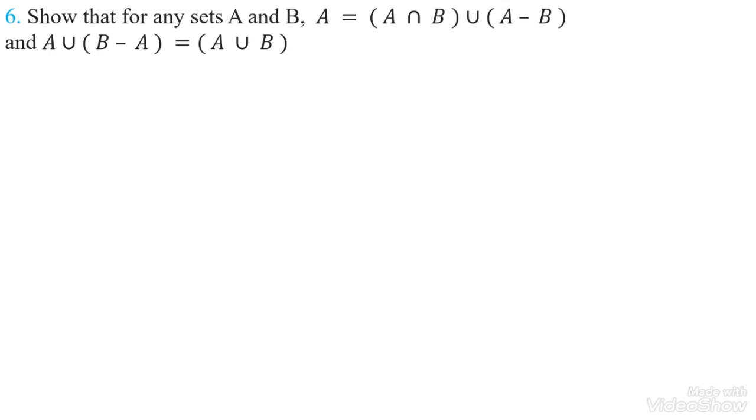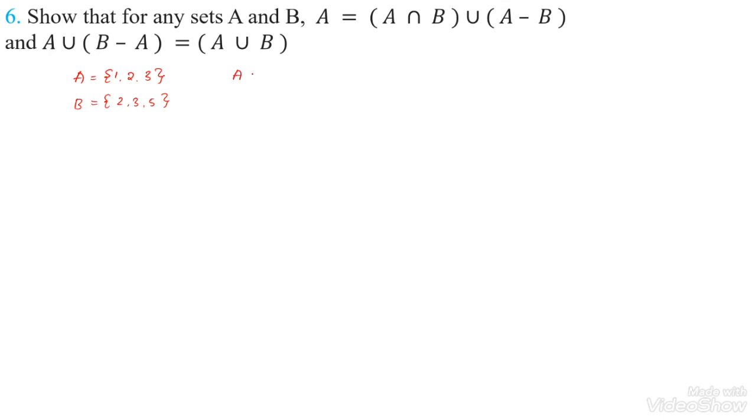Based on the example, I will solve this problem. First, A is a set containing the elements 1, 2, 3, and B is a set containing the elements 2, 3, 5.